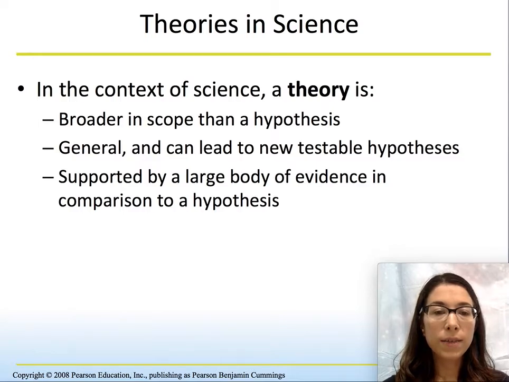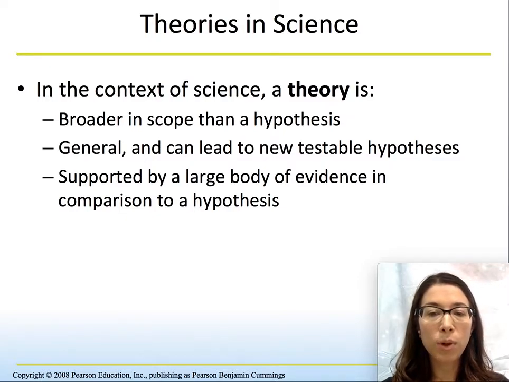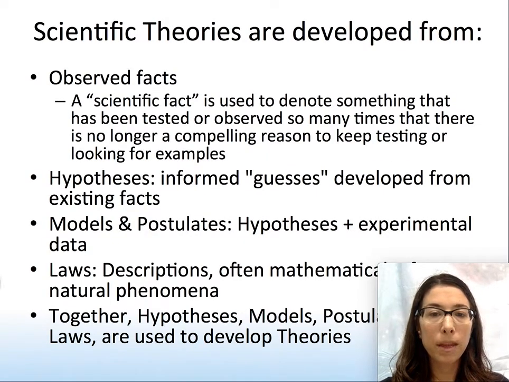In the context of science, a theory is broader in scope than a hypothesis. It's general and can lead to new testable hypotheses, and it's supported by a large body of evidence in comparison to hypotheses. So theories are developed from observed facts, right? So the theory of relativity, right?